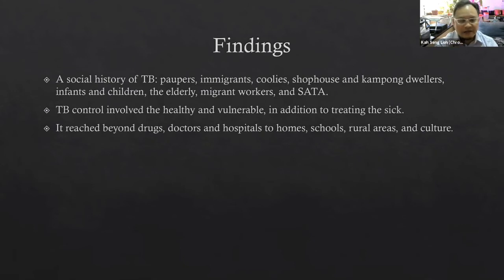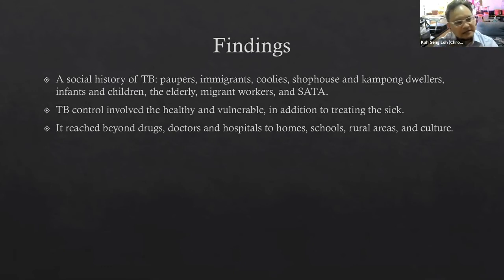The elderly are very important today. It is the most high-risk group for TB. Migrant workers are also very important today, but throughout most of Singapore's history, nearly everyone was a migrant worker in a sense. And social history also involves SATA, the Singapore Anti-Tuberculosis Association formed in 1949, which was an NGO formed by doctors and professionals and businessmen.